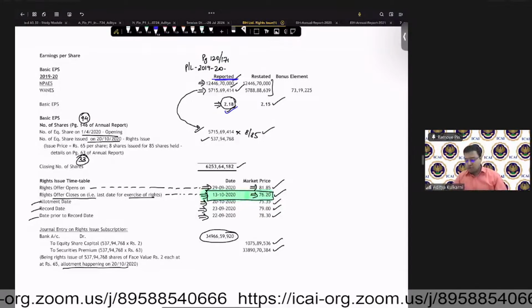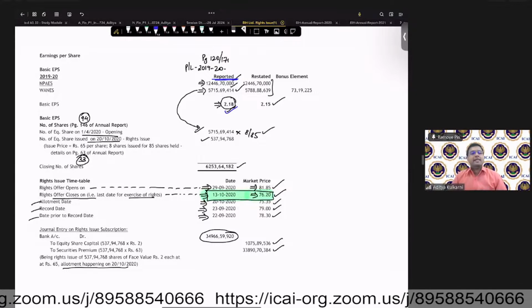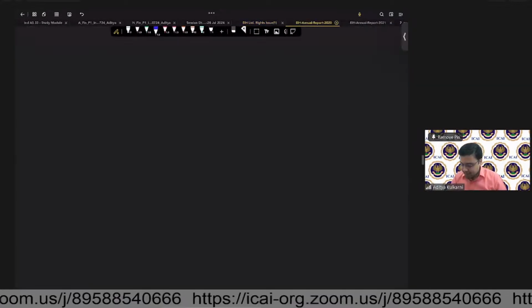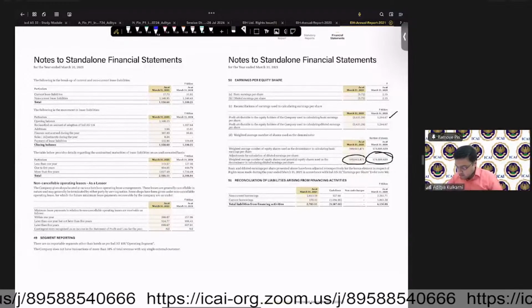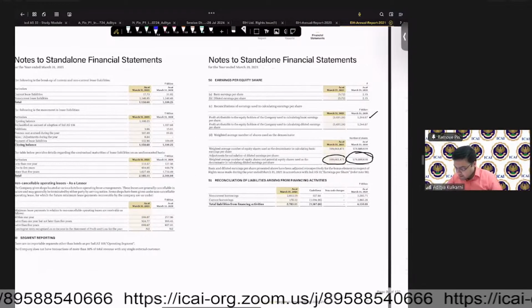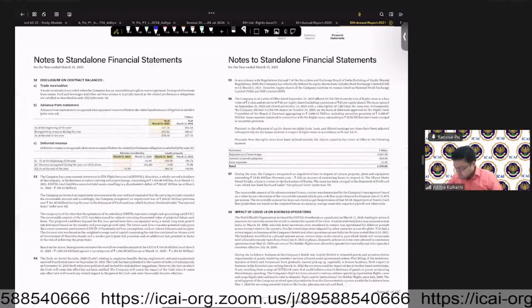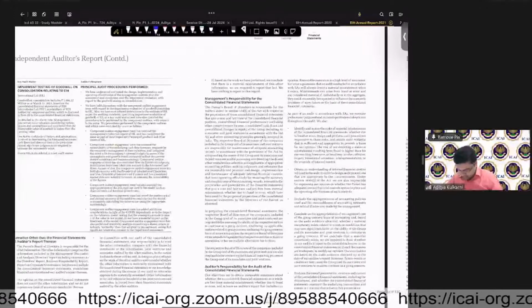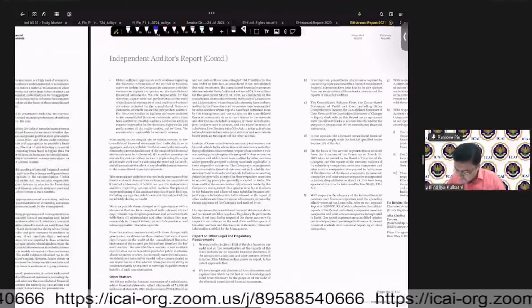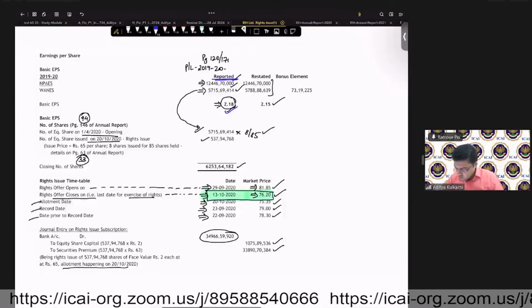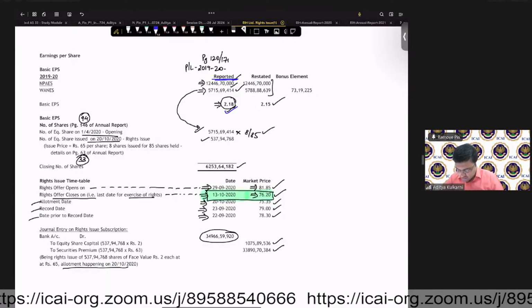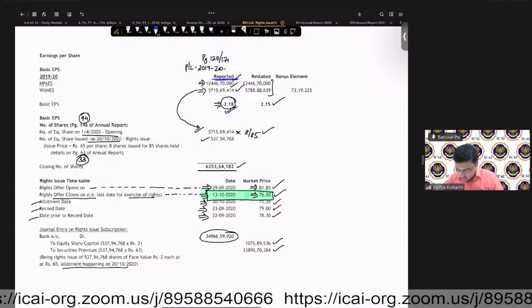Now let us come to the next, that means 2020-21, when there is a rights issue that has happened. Now let us understand the terms of the rights issue.